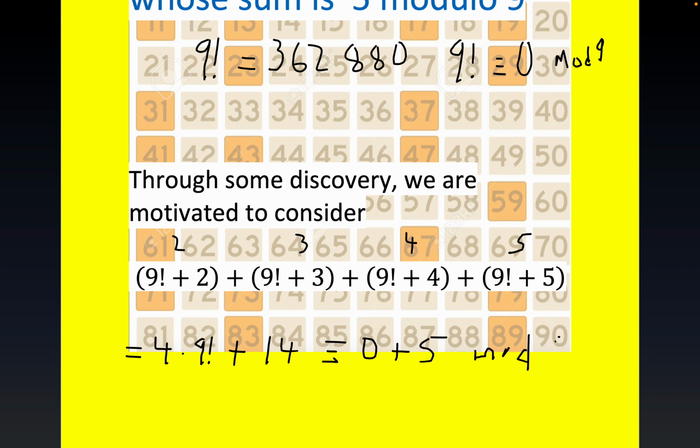This marker's starting to crap out for some reason. That's supposed to be mod 9, and that's a bastardized M right there. Sorry, this proves it. We are finished. And again, modular arithmetic supplants a very enormous calculation if you didn't have it at your disposal. And that's what we were looking for.